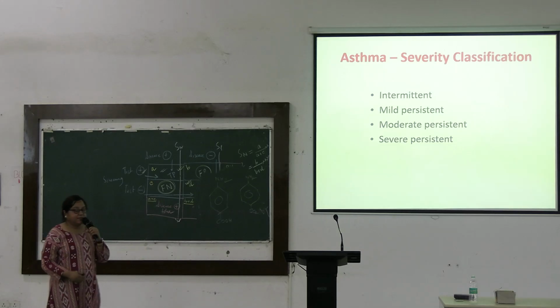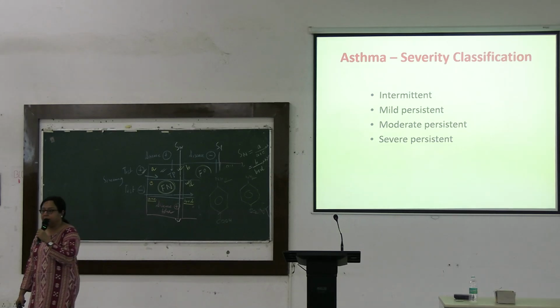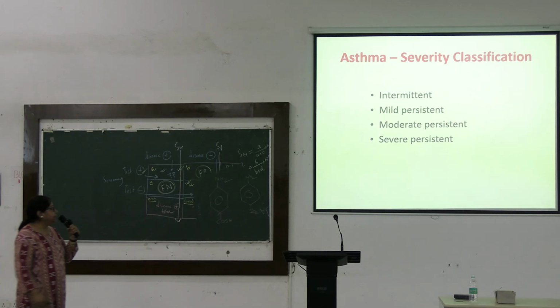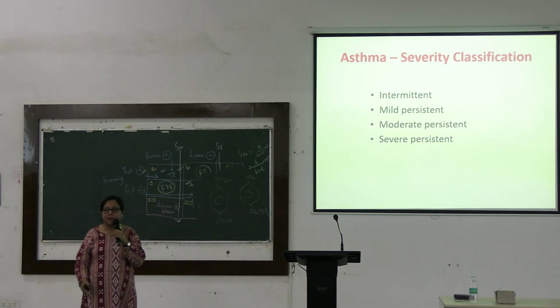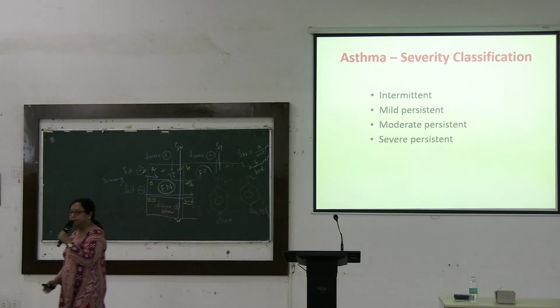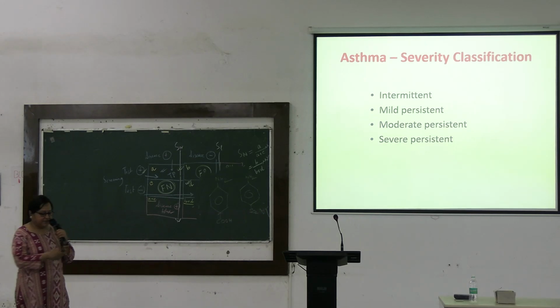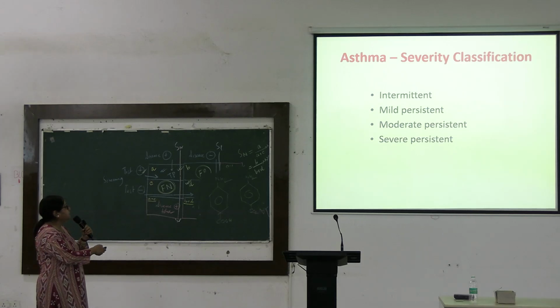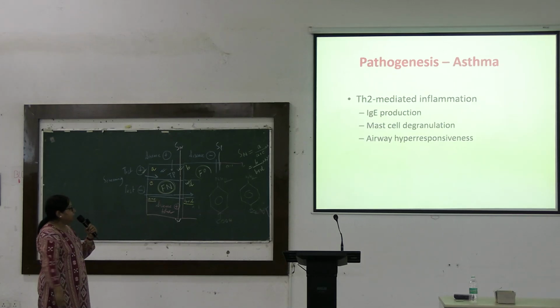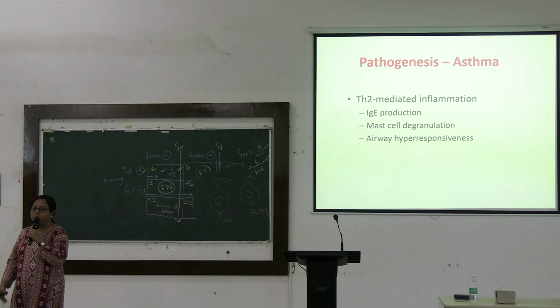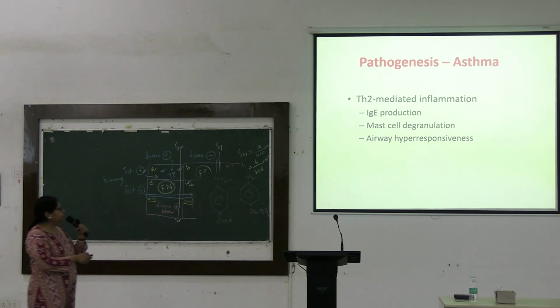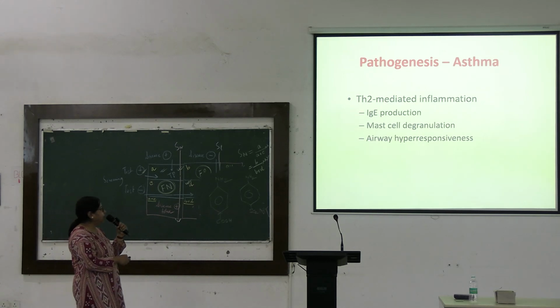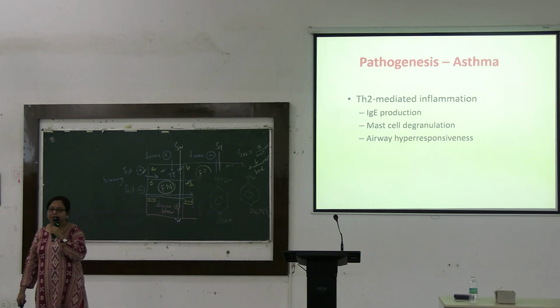So what about severity? According to severity, we can classify asthma as intermittent, mild persistent, moderate persistent and severe persistent. So what is the pathogenesis? How does asthma occur? It is due to Th2, T helper 2 mediated inflammation.